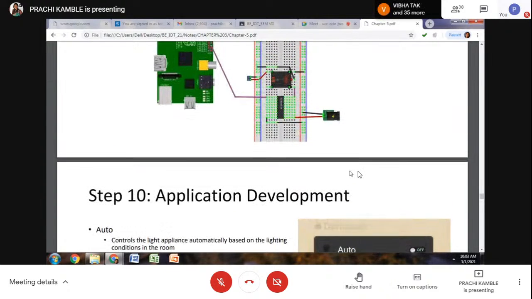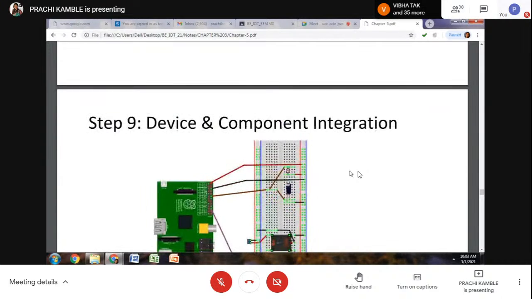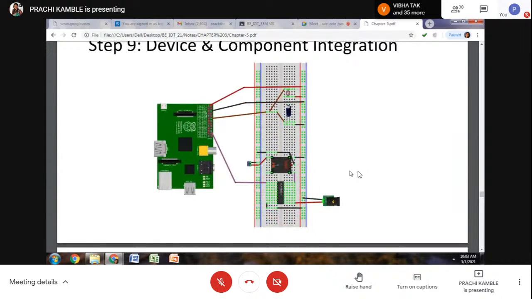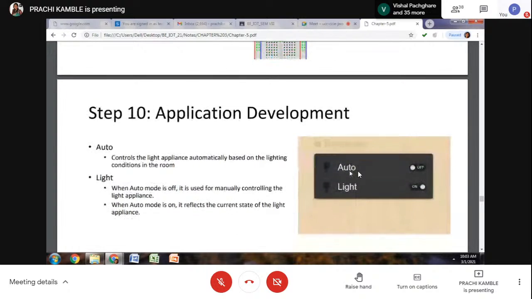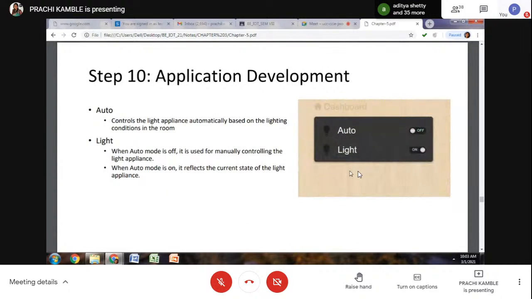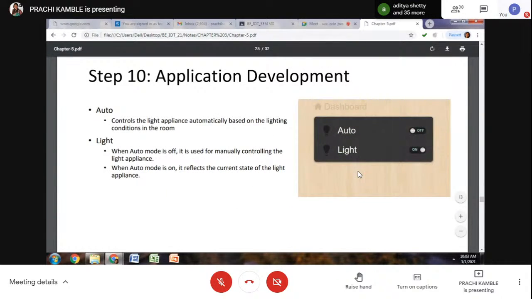And then troubleshoot. Once you have done the simulation part and the troubleshooting part, check your expected output. What is the application development in this case? It is auto and light. Auto controls the light appliances automatically based on the lighting condition in the room.